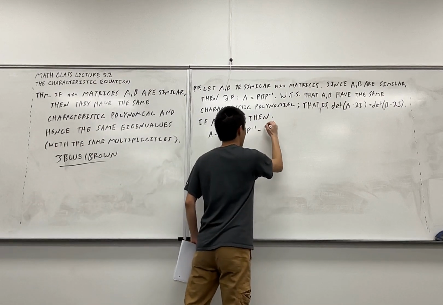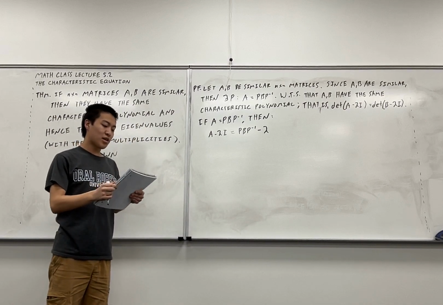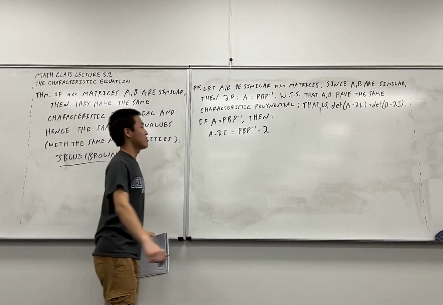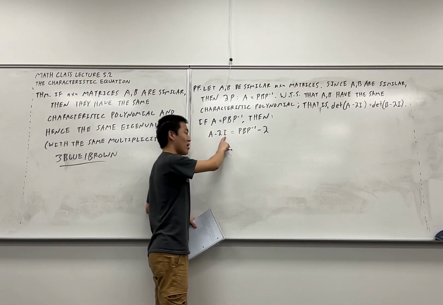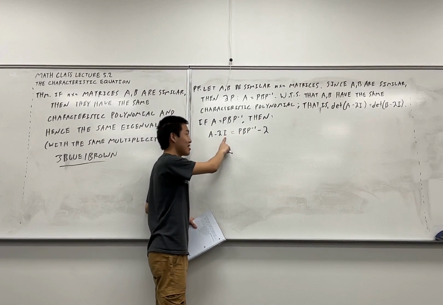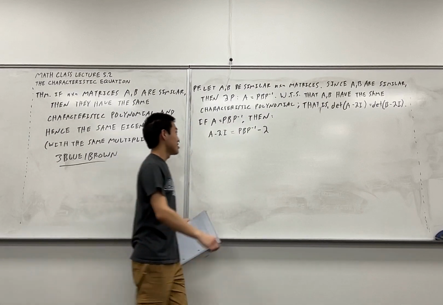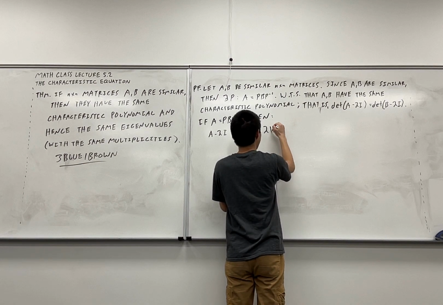Minus lambda times, now here's the thing. This is the non-trivial step that I wouldn't necessarily assume you could figure out, well, you could probably figure it out. But I'm telling you, what's a clever way to represent the identity here in relation to P and P inverse? P P inverse. Yes, and I want to do it in that order.